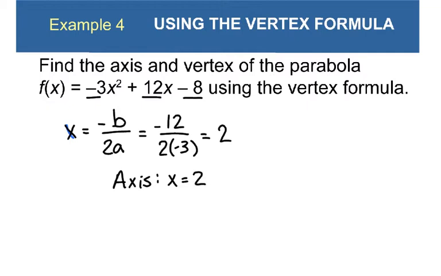And now our vertex is going to be at this x value, then whatever y value is after we plug in 2 for our x. So let's plug in 2 and evaluate this.